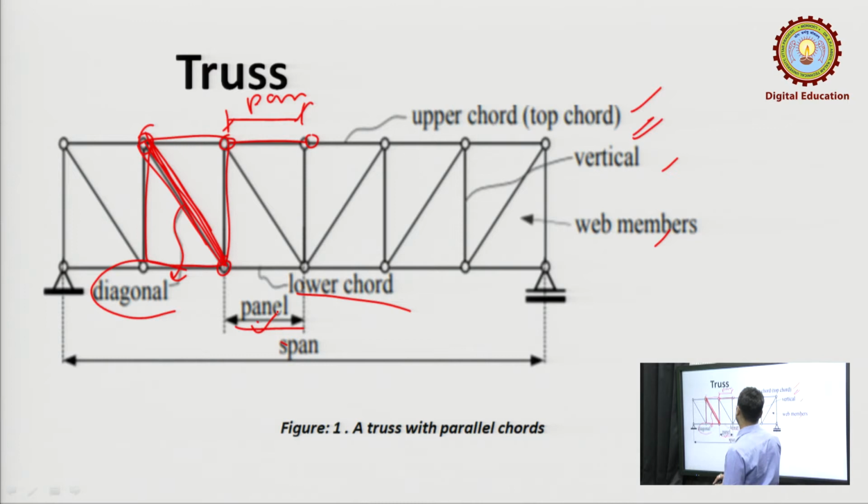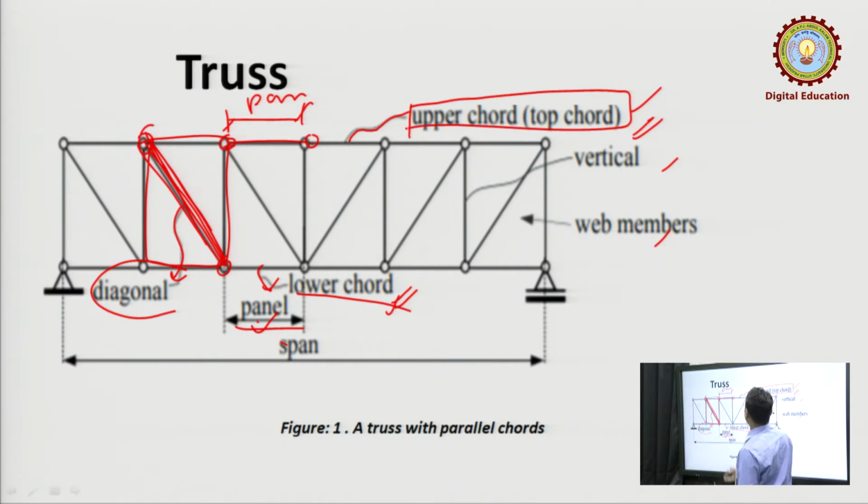The member connected by two hinges on the lower side is called a lower chord. If the member is in the upper frame, joined by two hinges, it is called an upper chord or top chord.